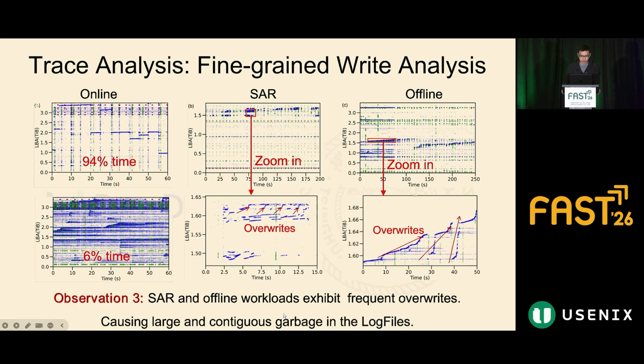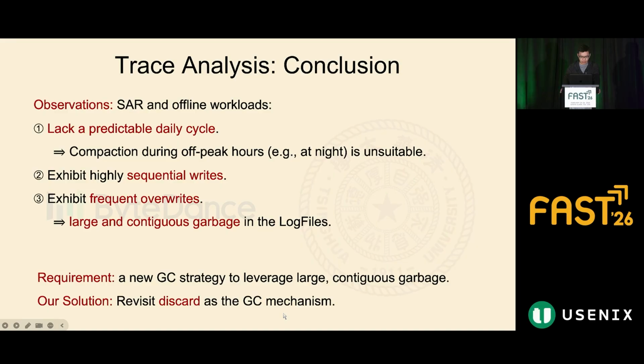Finally, let's look at the fine-grained write analysis. It shows the SAR and offline workloads exhibit frequent overwrites, which cause large and continuous garbage in the log files. So we need a new GC strategy to leverage large continuous garbage.